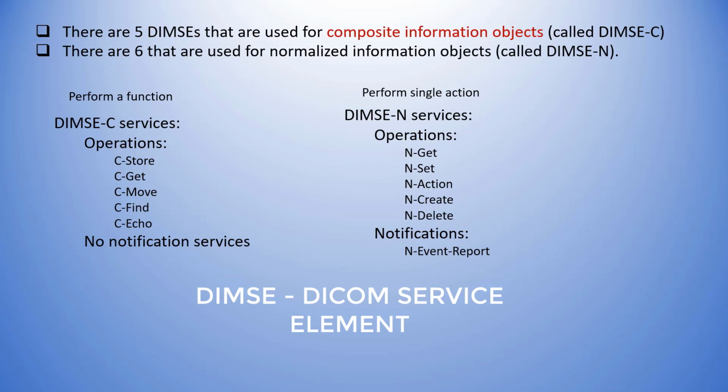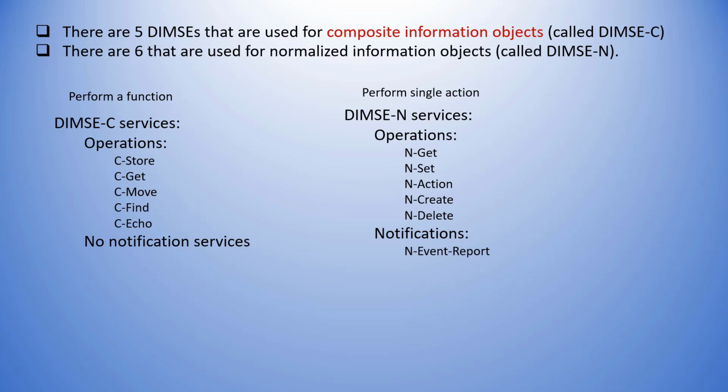This information is pushed or pulled using what's called a DIMSE. A DIMSE is data that is either composite, meaning it is more than one piece of information or a couple of SOPs, or it is a single action.